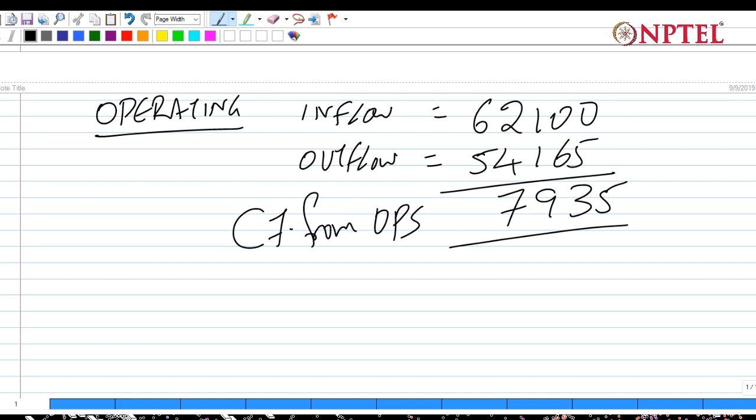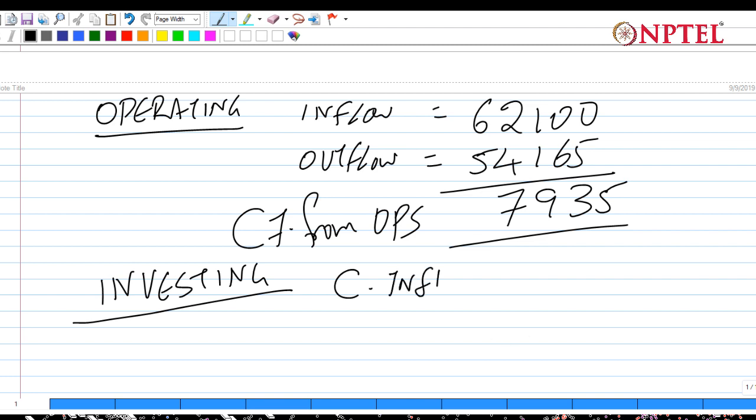Now let us look at the other aspects. The other aspect is investing. First and foremost, interest on savings account, 345. Because you have invested the money in a savings account, there is a cash inflow from savings interest, about 345.